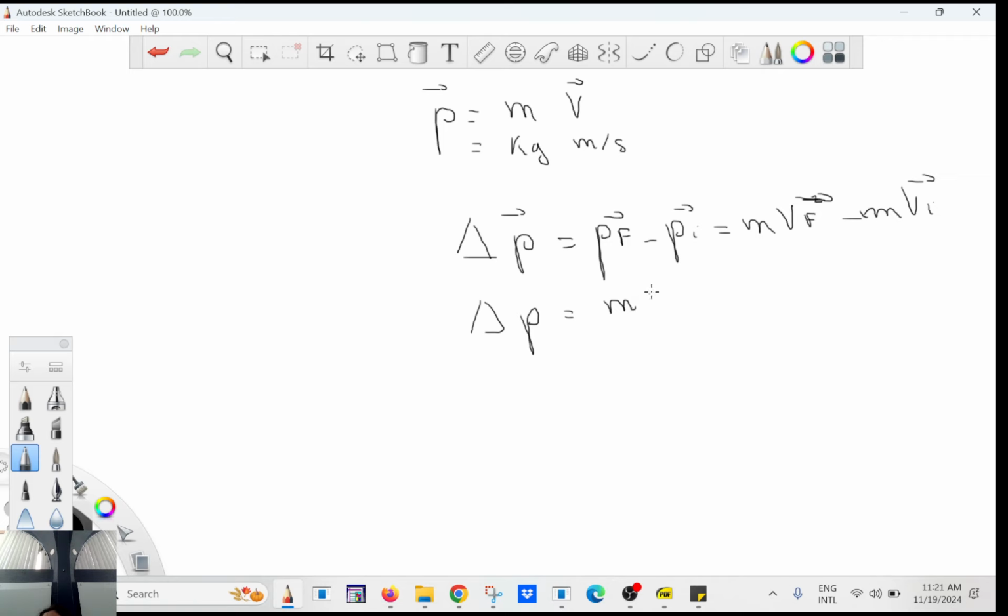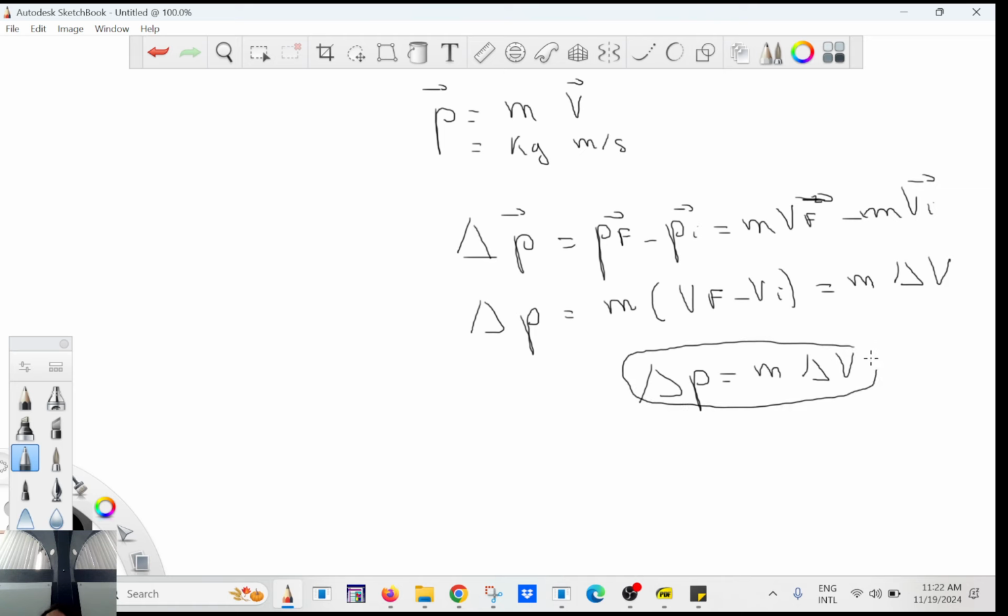You factor out the mass, so it will be the final velocity minus initial velocity. Be careful, velocity can be negative. So the change in momentum equals the mass times the change in velocity. Okay?